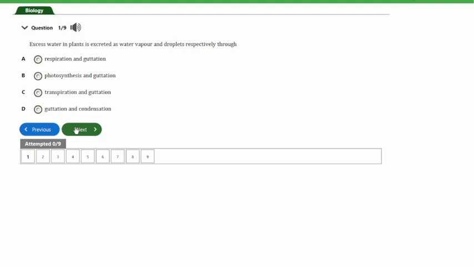So guys, the answer to this question is option C, and that's transpiration and guttation. Excess water is excreted or removed as water vapor and droplets respectively through transpiration and guttation. Actually, transpiration is the removal of excess water from plants in form of water vapor into the atmosphere.